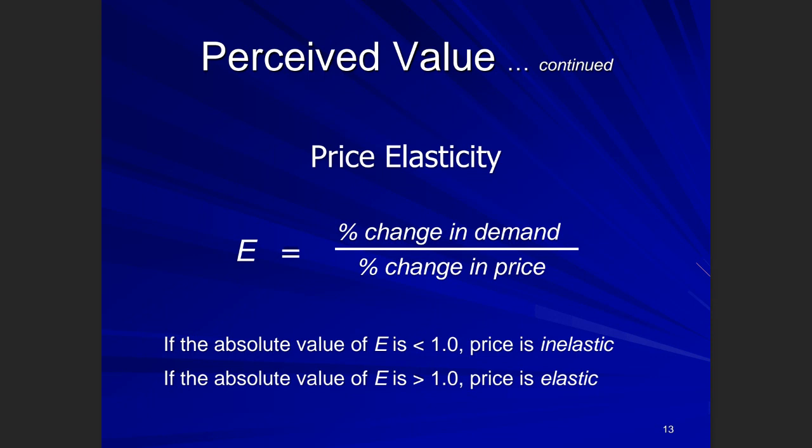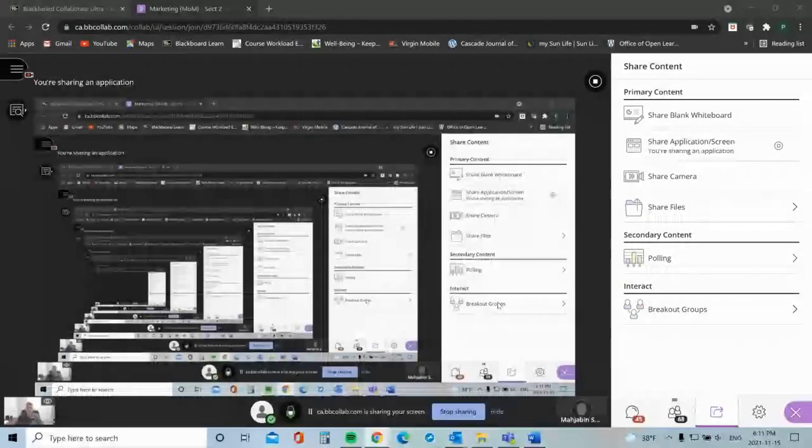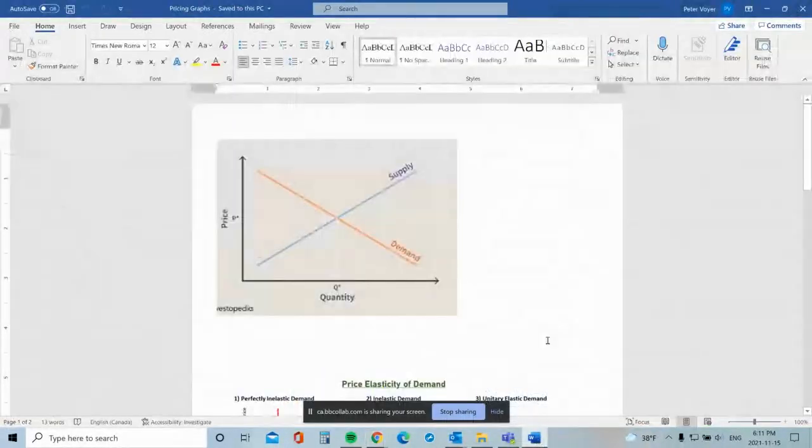So what I want to do then is share my screen with you. And there we have it. So here, this is what we have. Again, what are we doing here? We're reverting back to our basic economic theory of supply and demand that you see on the board there.